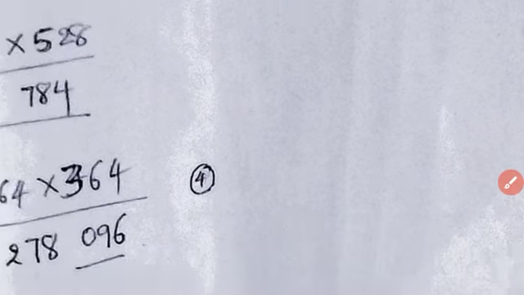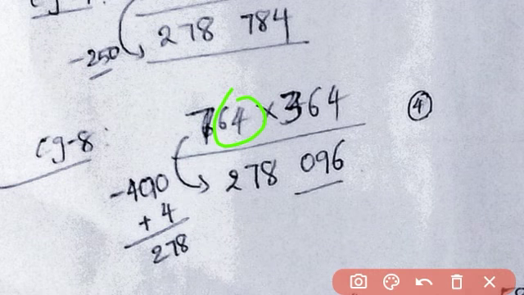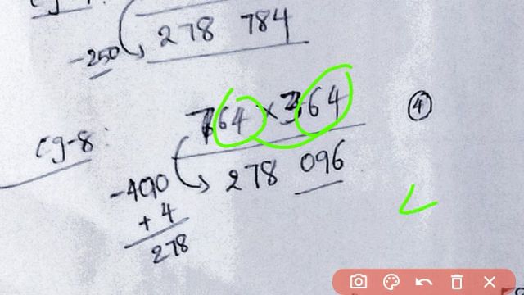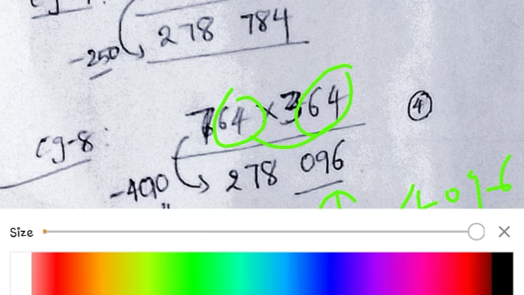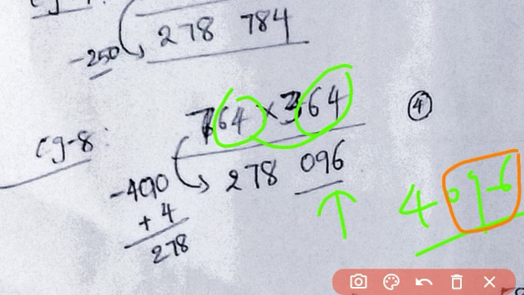Let's see the next example. You have 64 and 64. Already we know 64 and 64 is 4096, but we write only a 3-digit number, and keep 4 as a carry forward number.